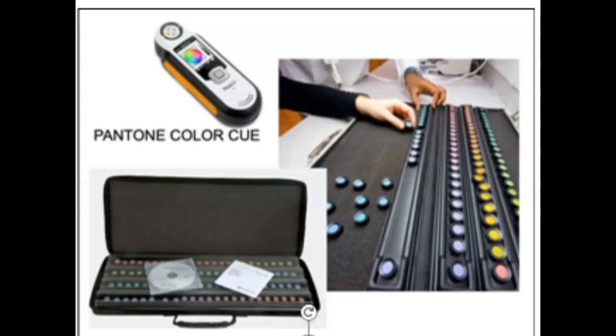There's also a Farnsworth Munsell 100 hue test that Pantone uses, and it's a color management sustainability tool that is highly effective, the industry standard for evaluating an individual's ability to determine color.